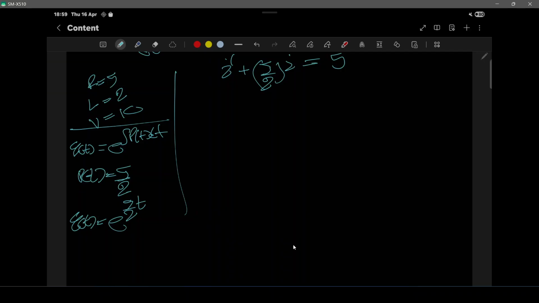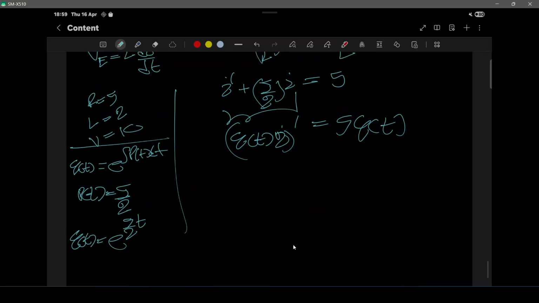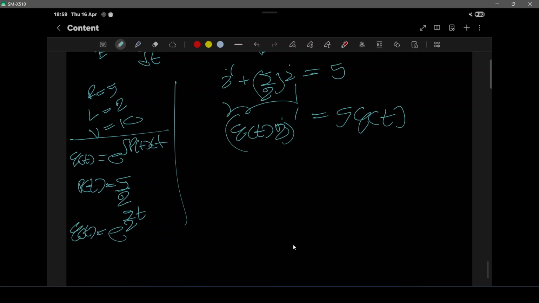We find Q(t) in such a way that the differentiation of this whole term is equal to this times 5 Q(t). You need to practice the method to write these steps directly. Since we have proven it earlier, I am doing it quickly to help you practice the fast way.